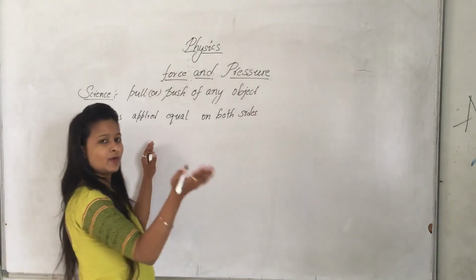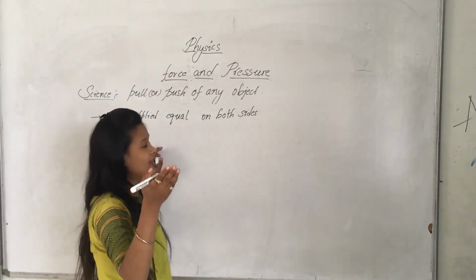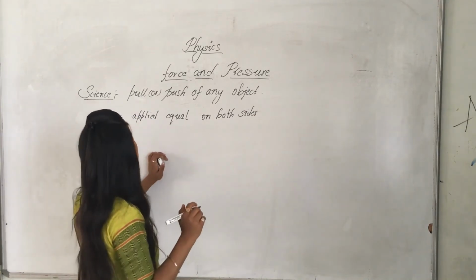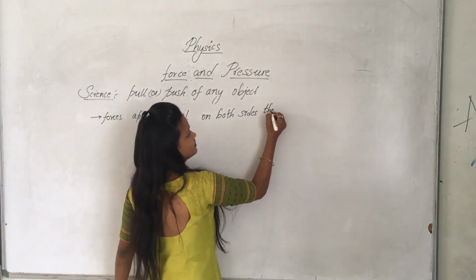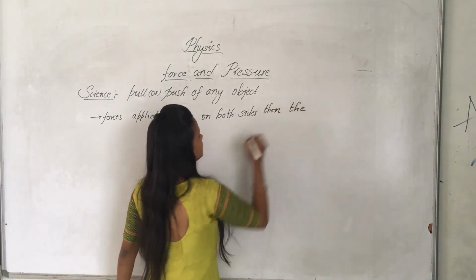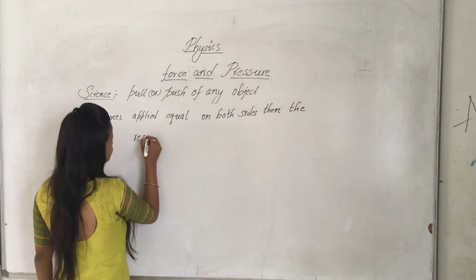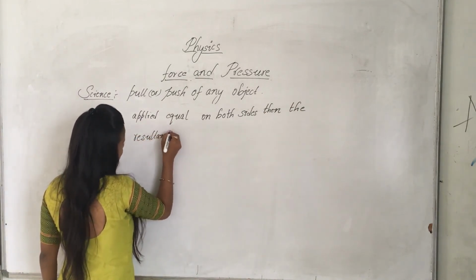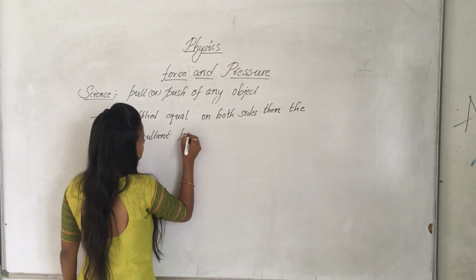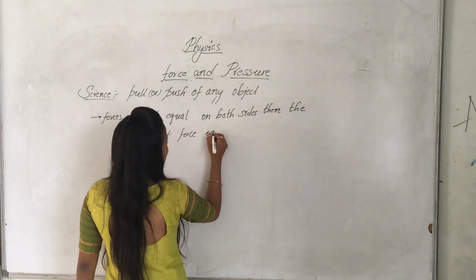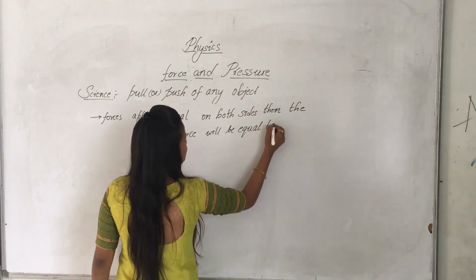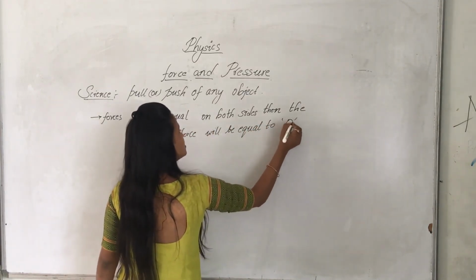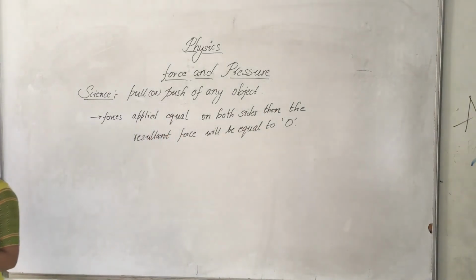If the forces are equal on both sides, as in the tug of war game, then the resultant force will be equal to zero. Okay, am I right? Okay.